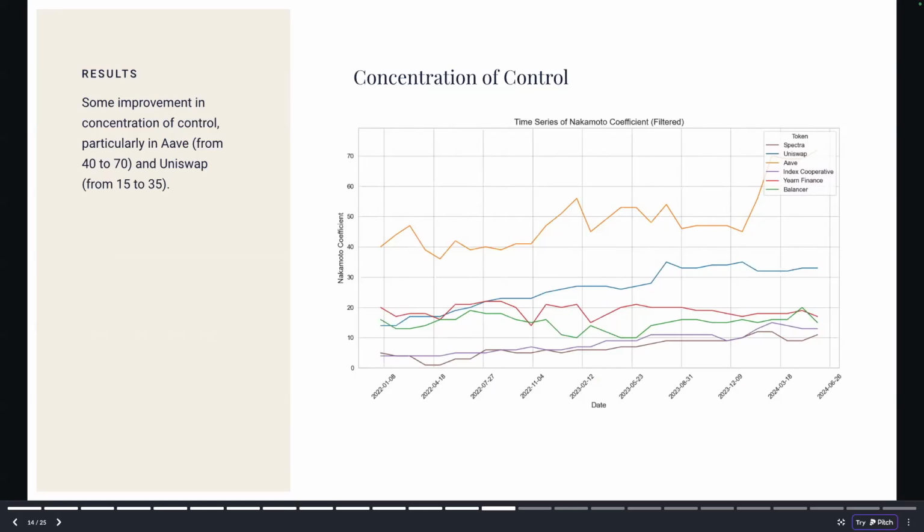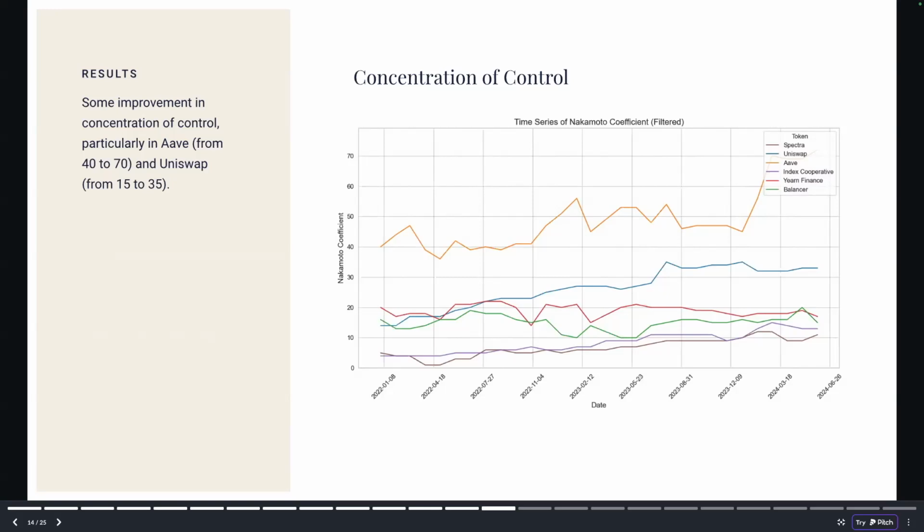Exactly. As said before, I try to choose tokens that have a varying size of market capitalization. So it ranges from Uniswap being a large cap at a market capitalization of 6.5 billion to smaller protocols, because I wanted to assess the impact of the protocol size as well, if there's any interesting dynamic.